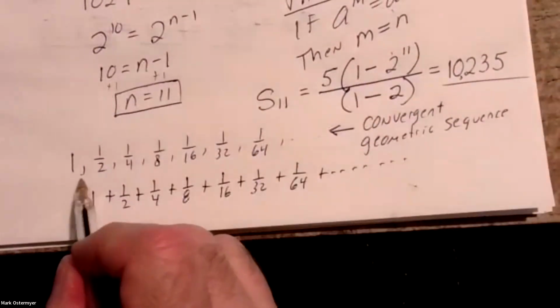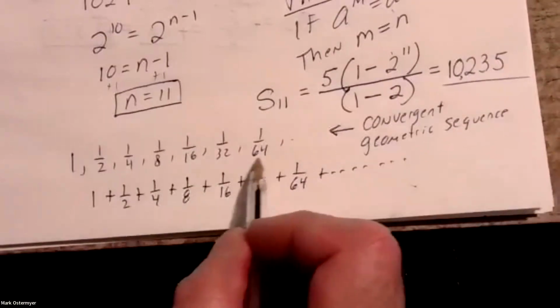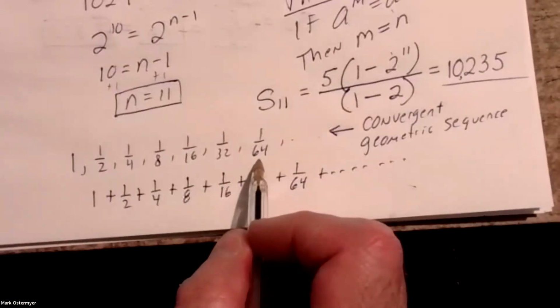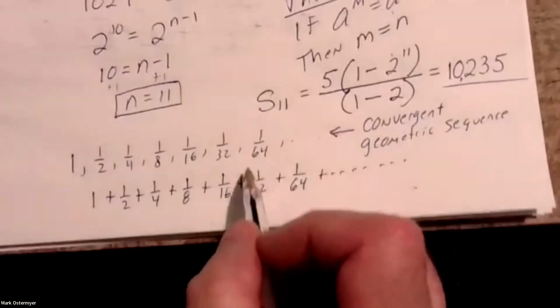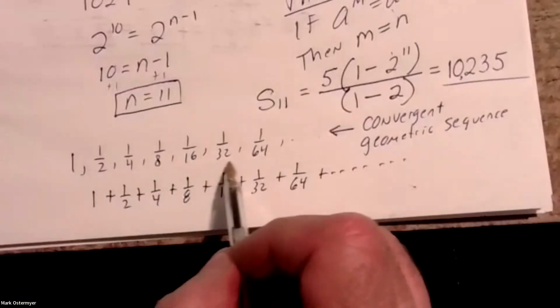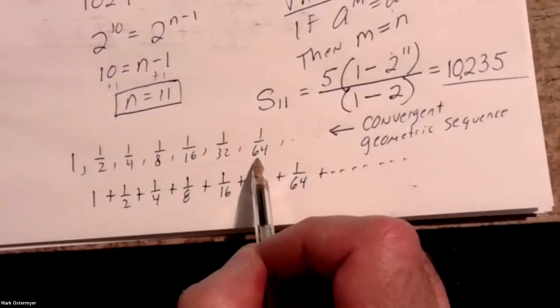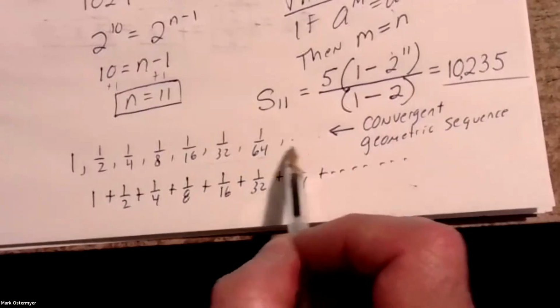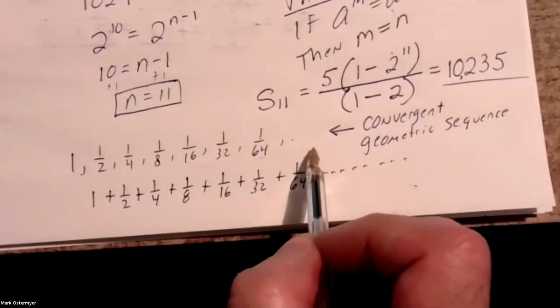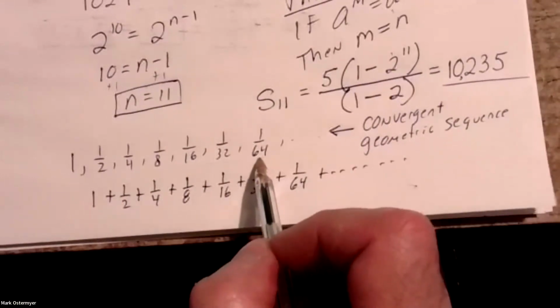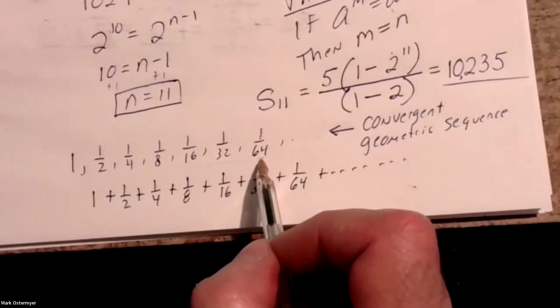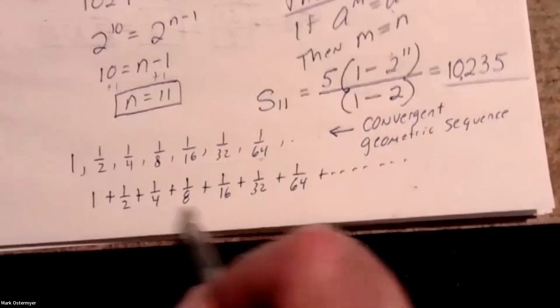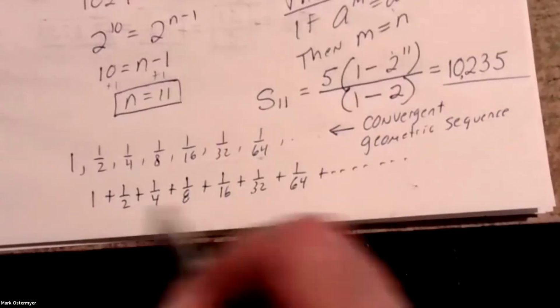Well, it means that these terms are getting smaller and smaller, and so they're actually converging to a value of 0. Isn't that true? These fractions are getting smaller and smaller as the denominator keeps getting doubled, but the numerator is fixed at 1. So these individual terms of the sequence are approaching 0, or converging, we say, to 0. Because of that, this infinite sum would exist.